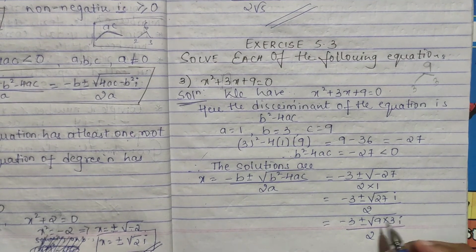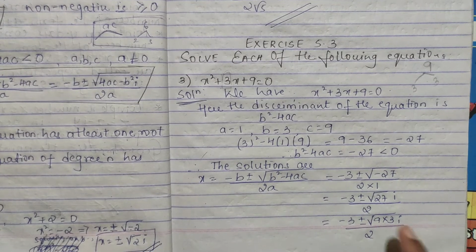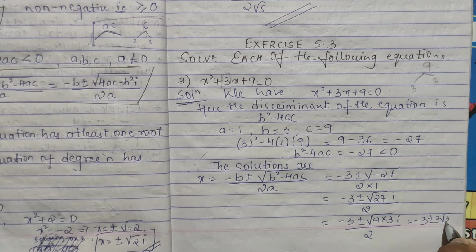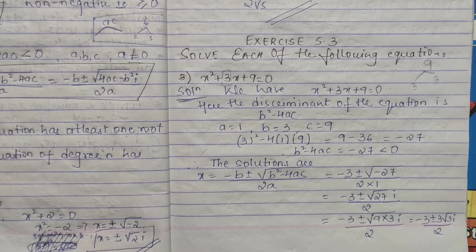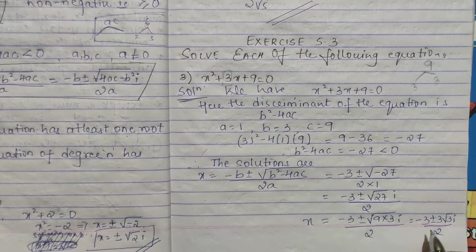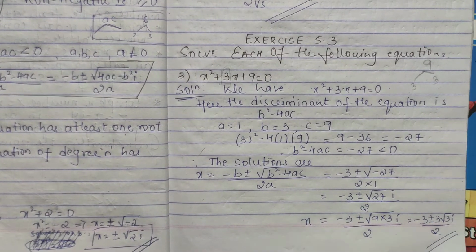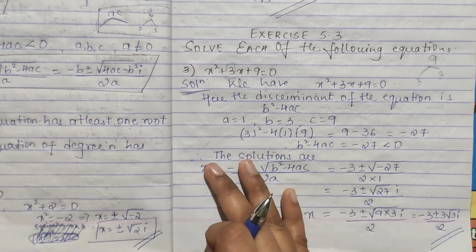Here square root of 9 is 3, so 3 comes out and 3 remains inside. So minus 3 plus or minus 3 root 3 i whole divided by 2. So your x solutions are minus 3 plus or minus 3 root 3 i divided by 2. Okay, pause the video to note it down.